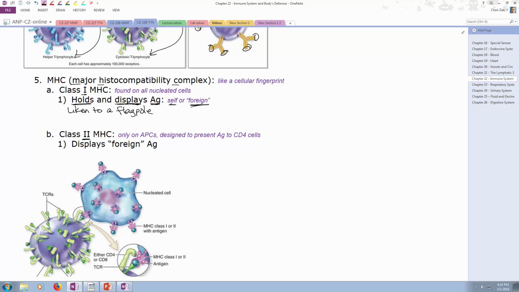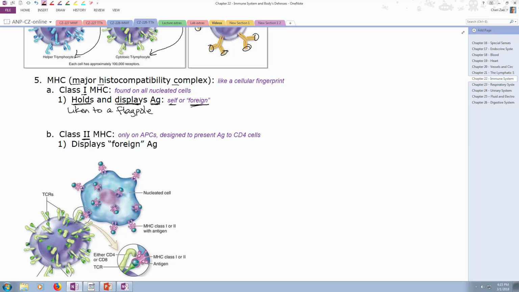I have been invaded by a virus, and I have a viral infection trying to take over my machinery and spread, or cancer, for example, or somebody else's cell in a transplant organ, correct? Because if it's a transplant organ, will that MHC1 look exactly like the recipient's? It can be different, and it's that degree of difference that's important for transplantation. So that's why I like to liken class 1 MHC to a flagpole, and then the antigen is the flag, and it's self or not self, which is foreign.